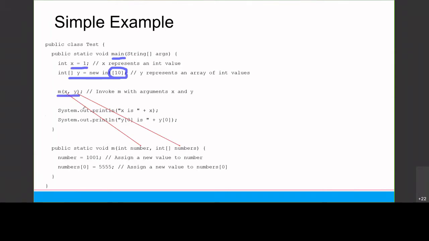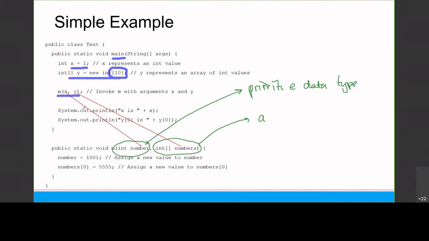So as you can see here, the x is an integer, so I can say this is the primitive data type. And this parameter is an array type.